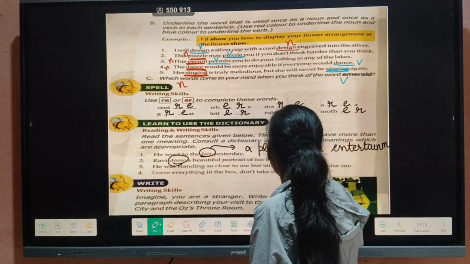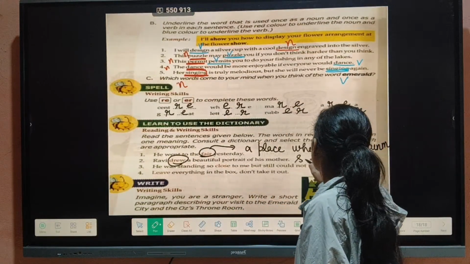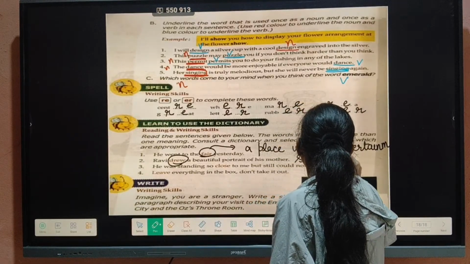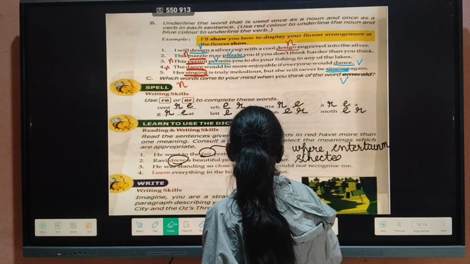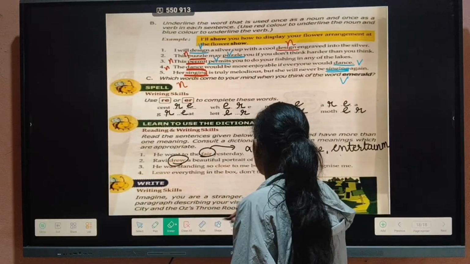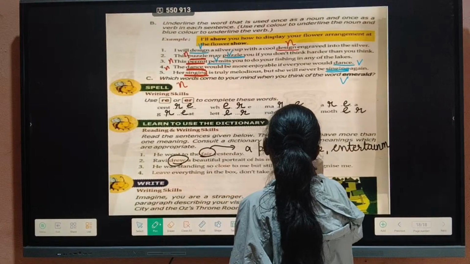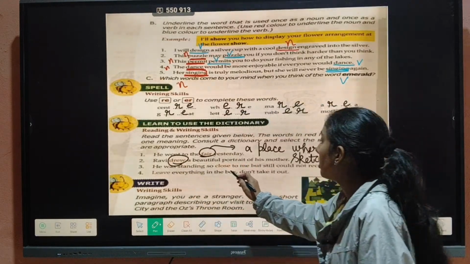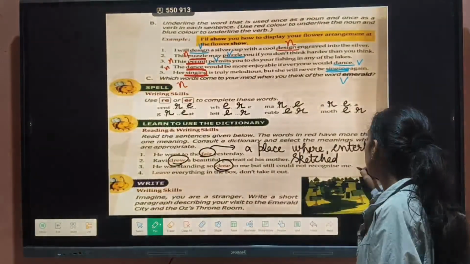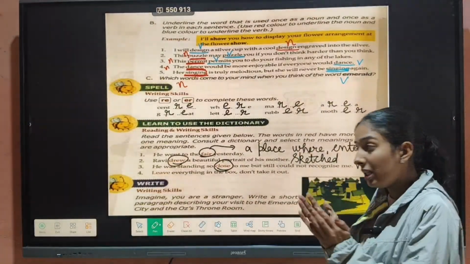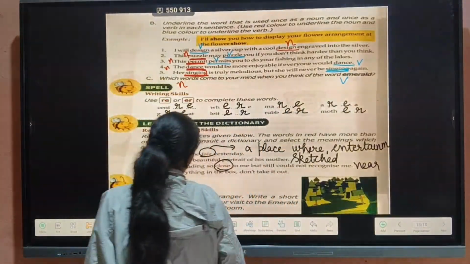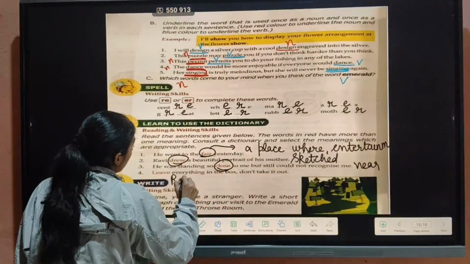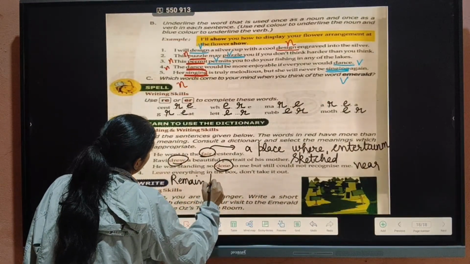Here the meaning of drew is sketched. He was standing so close to me, means he was standing so near to me. Leave everything in the box, don't take it out. Leave means remain or let it be.